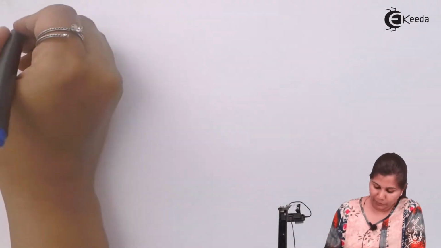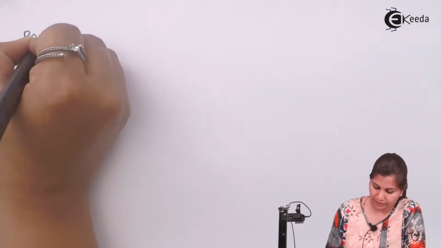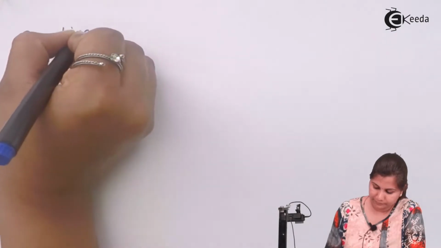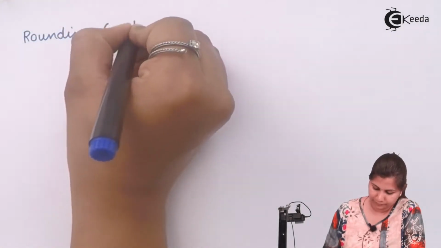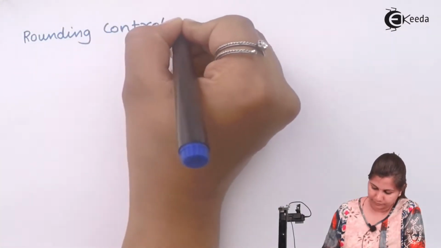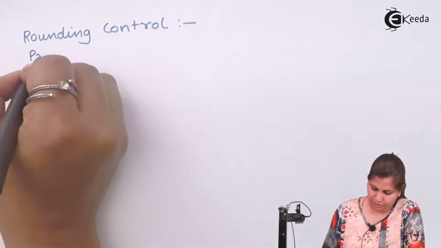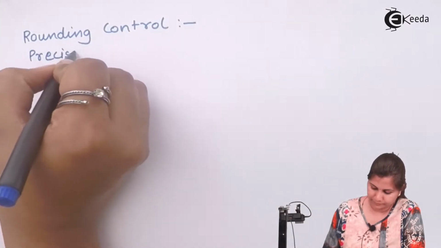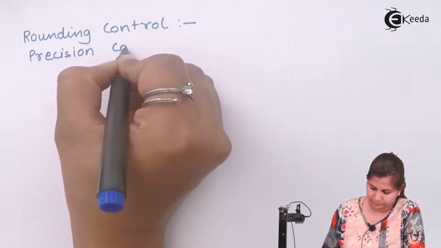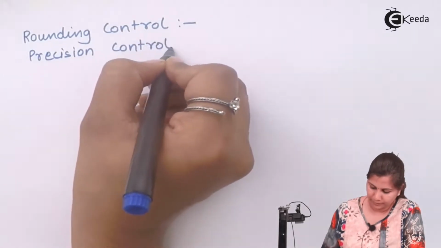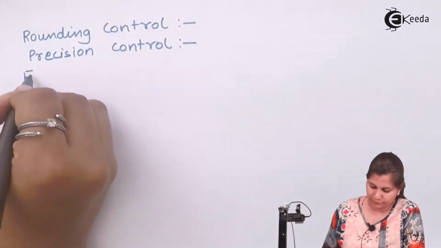So we can see that the control register is providing the rounding control, the precision control, and the exception mask.